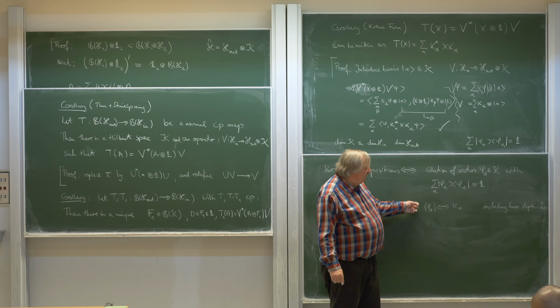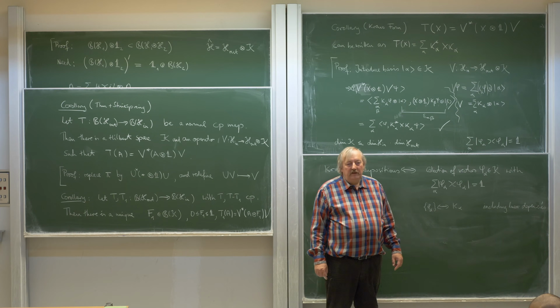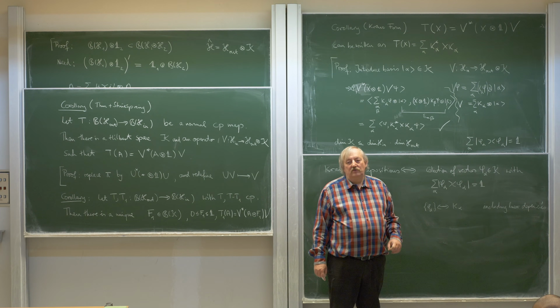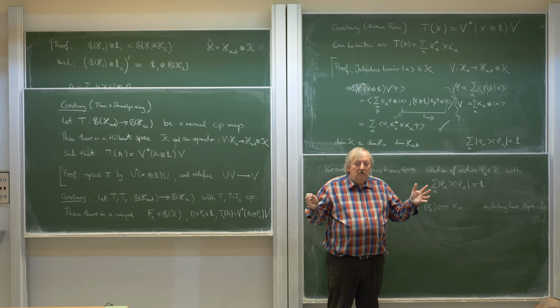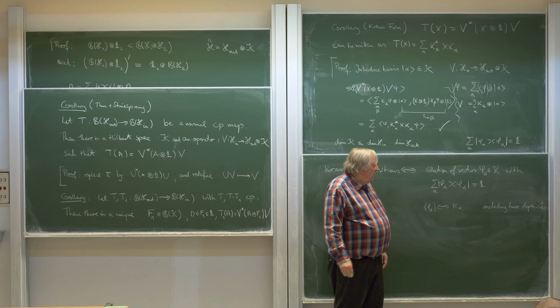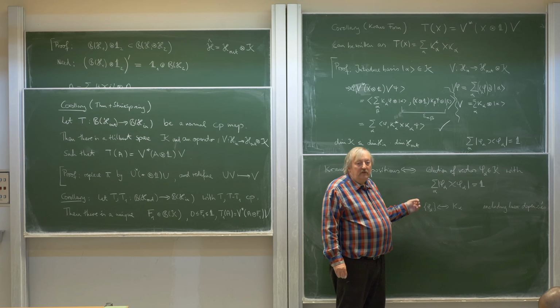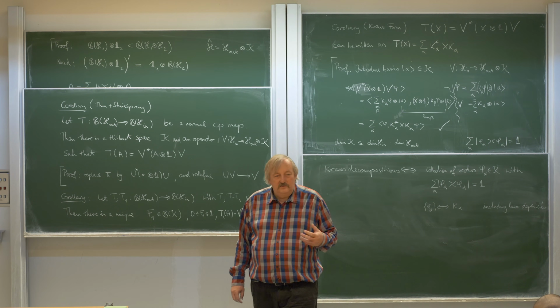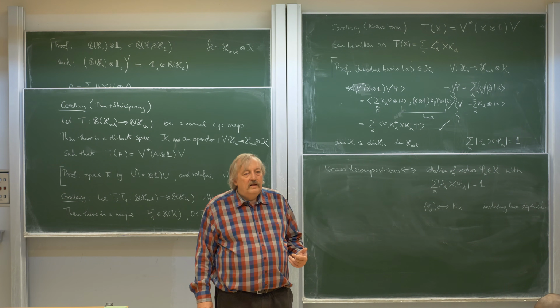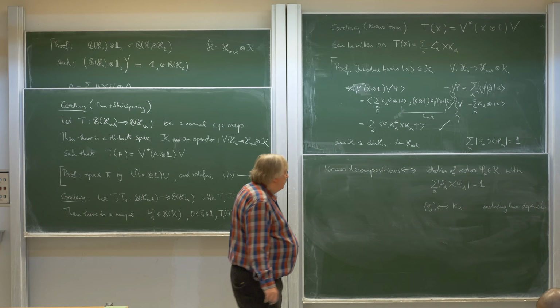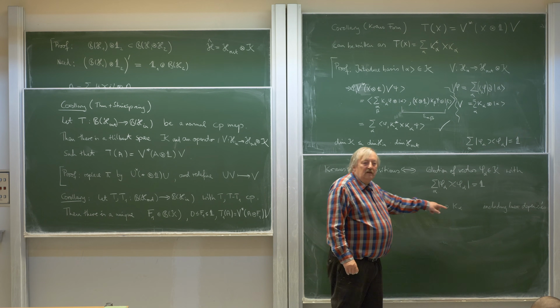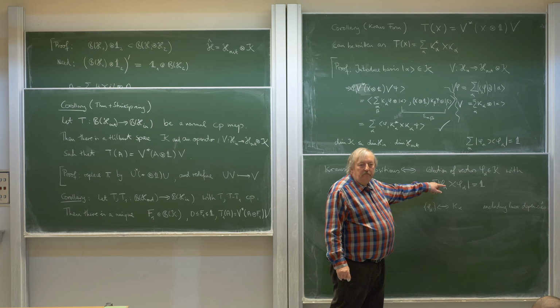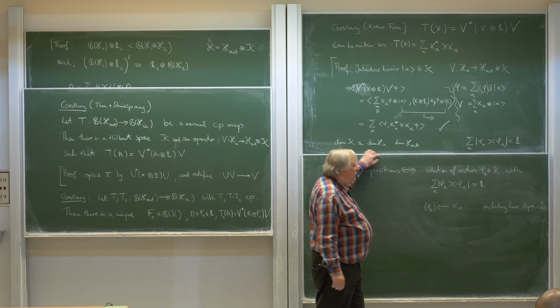Then phi alpha would have to be a linear basis, and this condition would actually force it to be orthogonal. So all Kraus representations with a minimal number of Kraus operators, and this minimal number is just the dimension of K, are actually related by a unitary choice, because all bases are connected by a unitary.